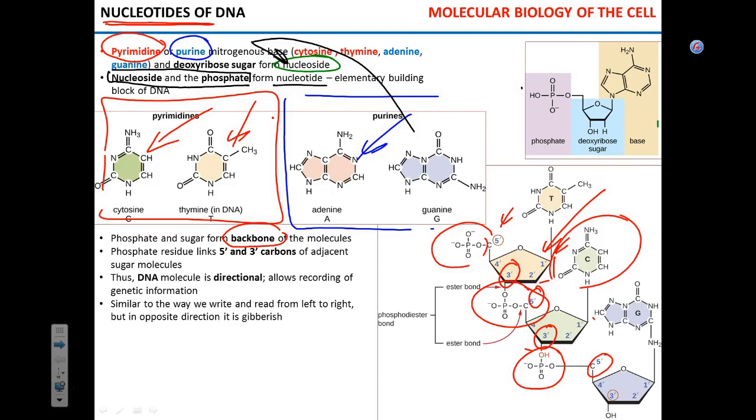So all phosphates will connect the 3' carbon of one deoxyribose and the 5' carbon of another, which means that these sugars are oriented in a certain way, kind of head to toe. Does that make sense? And that gives the DNA molecule directionality. Okay? You understand what I'm saying?